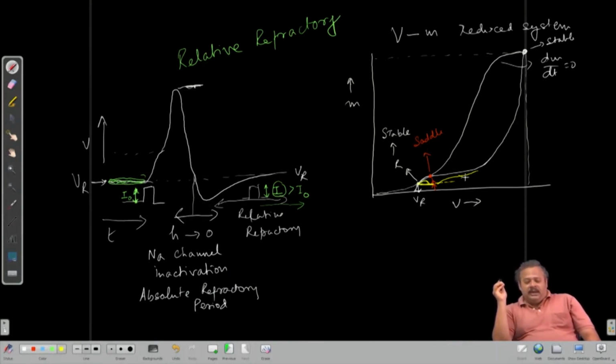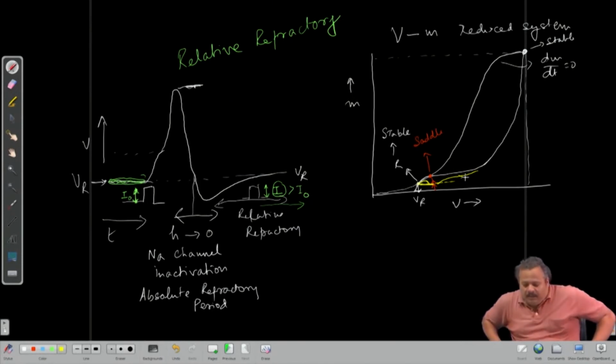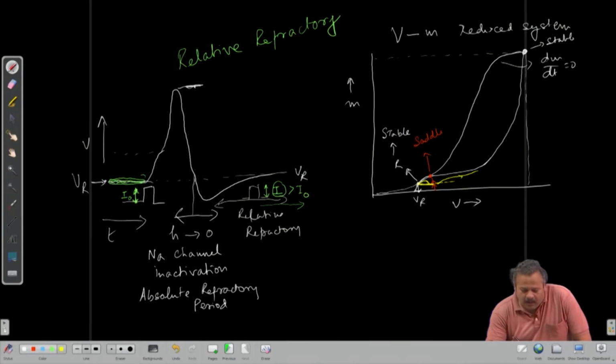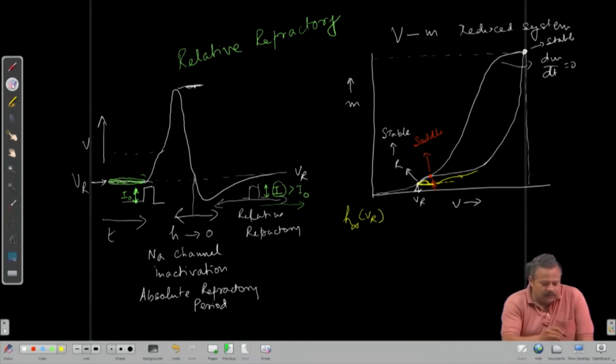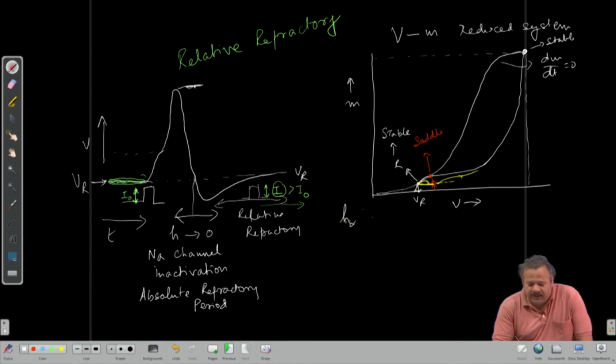We know that H infinity of VR, as we saw earlier, is around 0.6 or 0.59.